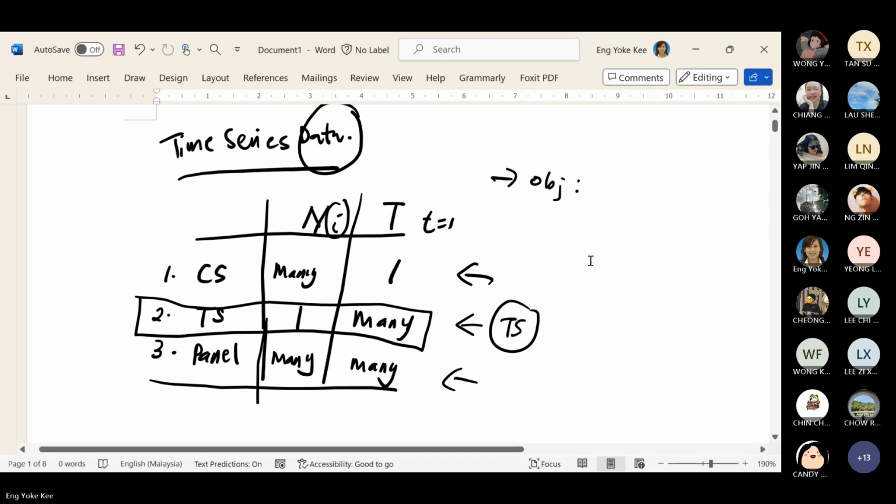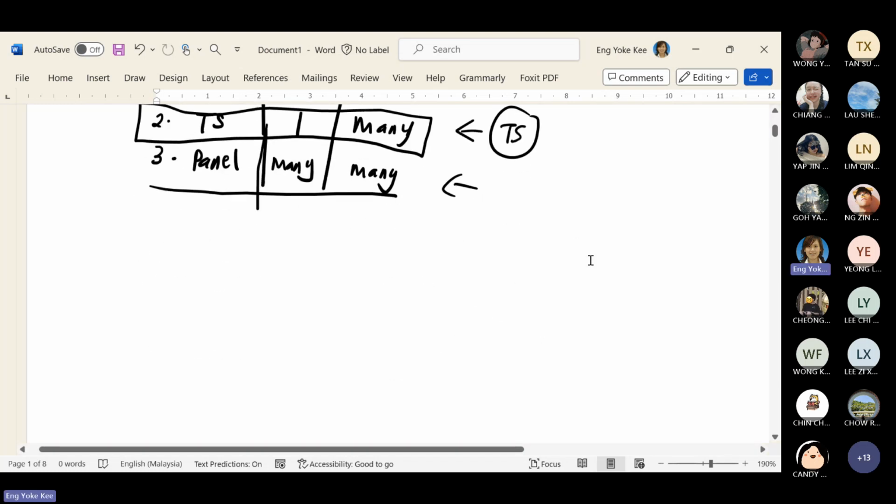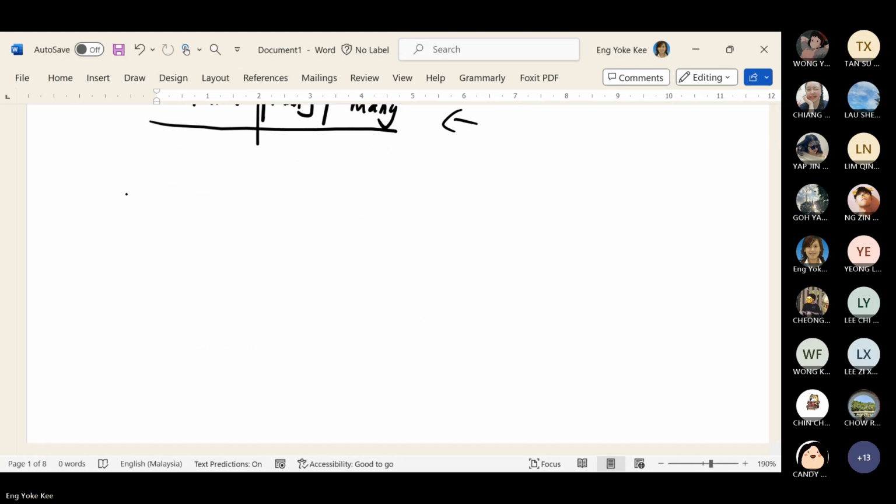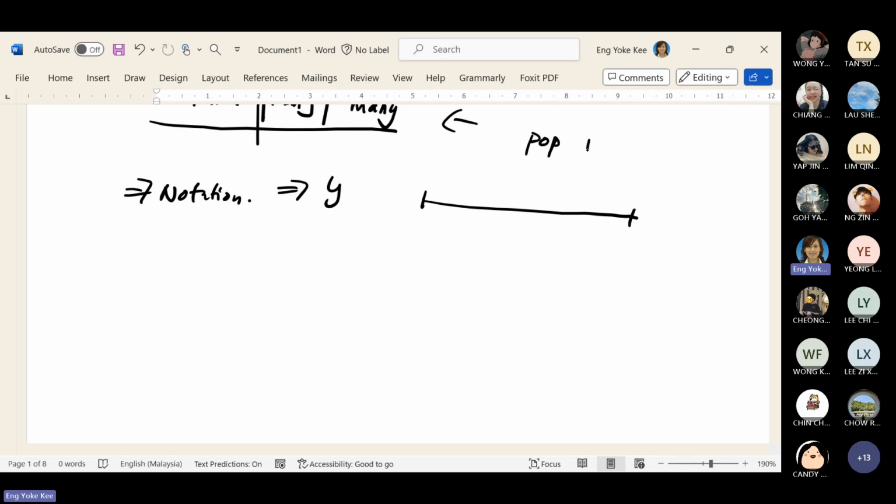All right, so we learned about the notation. Let's say we have variable y. You have to differentiate between the concept of population versus sample. From the beginning until infinity, this will be your population.